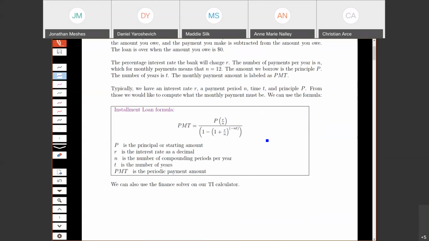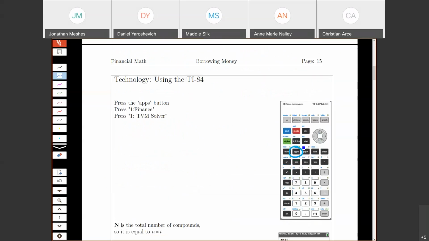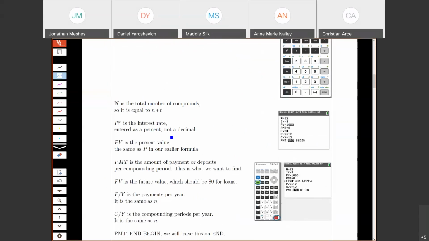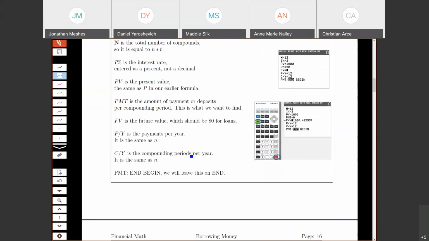Typically wanting to know what the monthly payment is going to be is the main thing, so that's what we're solving for. Again, we can use the finance solver on our calculator the same way. Hit the app button, fill in what we have, and then hit solve on what we're looking for, which in this case is always going to be the payment.